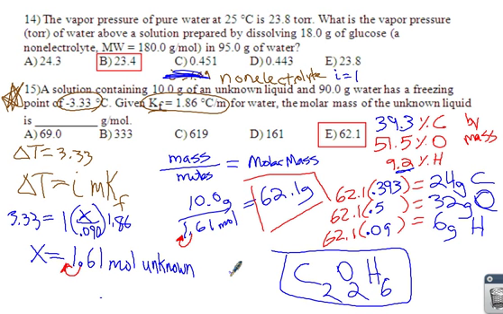On the AP test, is it better to go through this or use an empirical formula? You can do it either way. If you have the molar mass, I think it's a lot easier just to apply the percentages right to the molar mass, because you cut out all those little steps of dividing by this or multiplying by that. Because if you have the molar mass and you apply the percentages to that, it takes you right to the molecular formula.